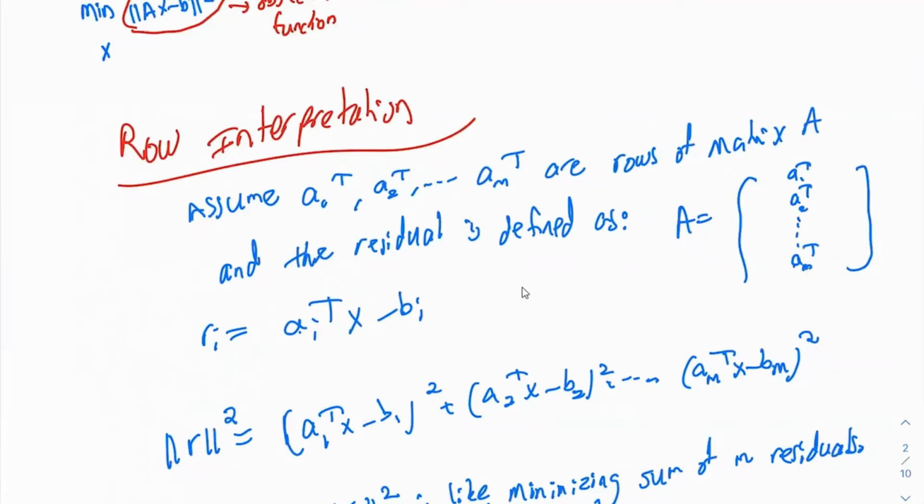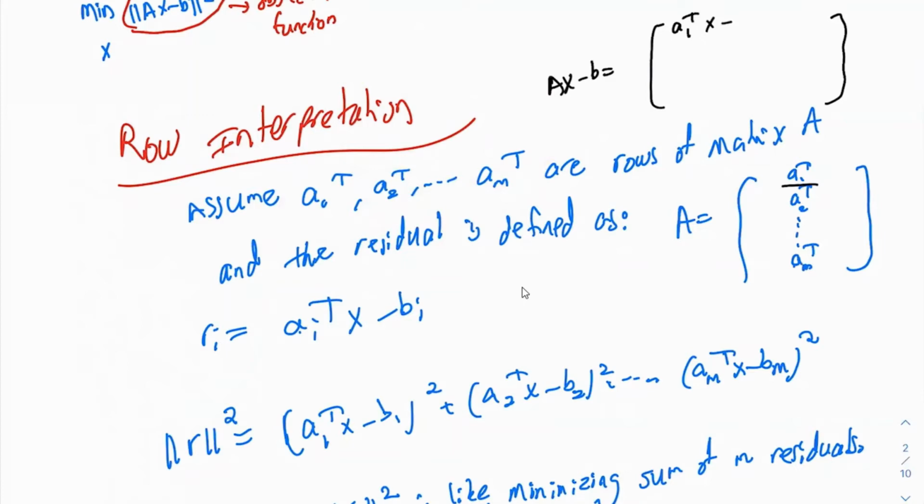Now, when you do Ax minus b, let's see what exactly you get. The way the matrix-vector product works is this. You multiply the first row of A by x, so you get a1 transpose x.